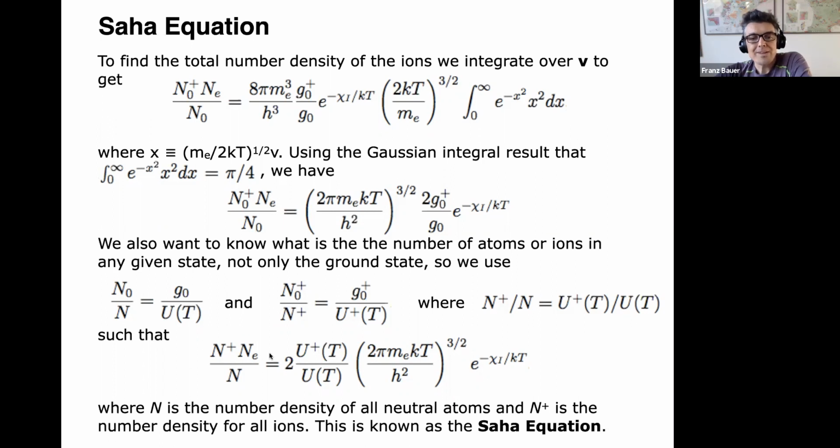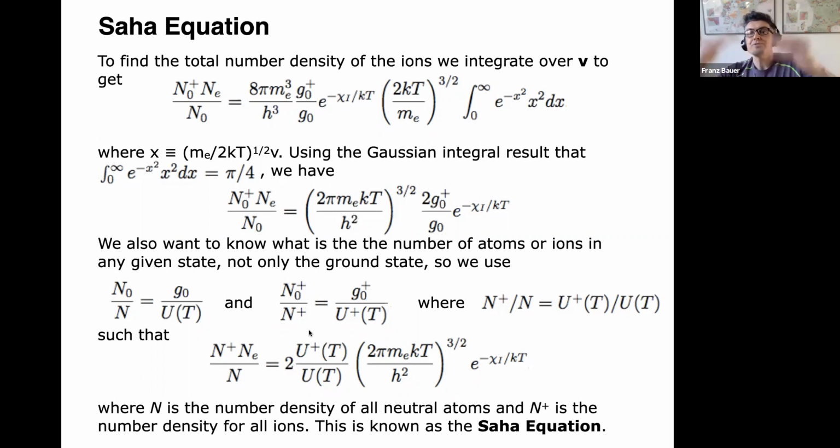And so we can calculate any state and with the number of electrons to the total number as being the partition function of that particular state divided by the total partition function times the temperature times the ionization potential, with this extra factor of 2 in here.